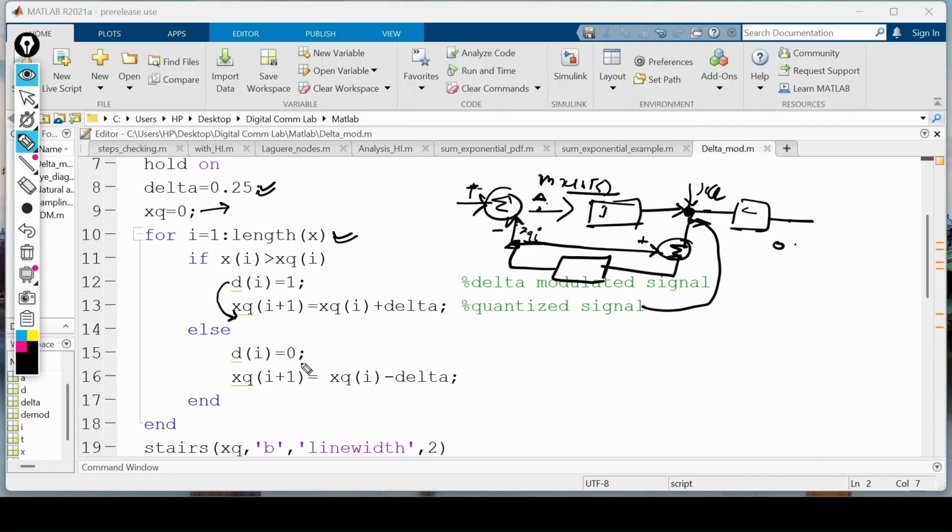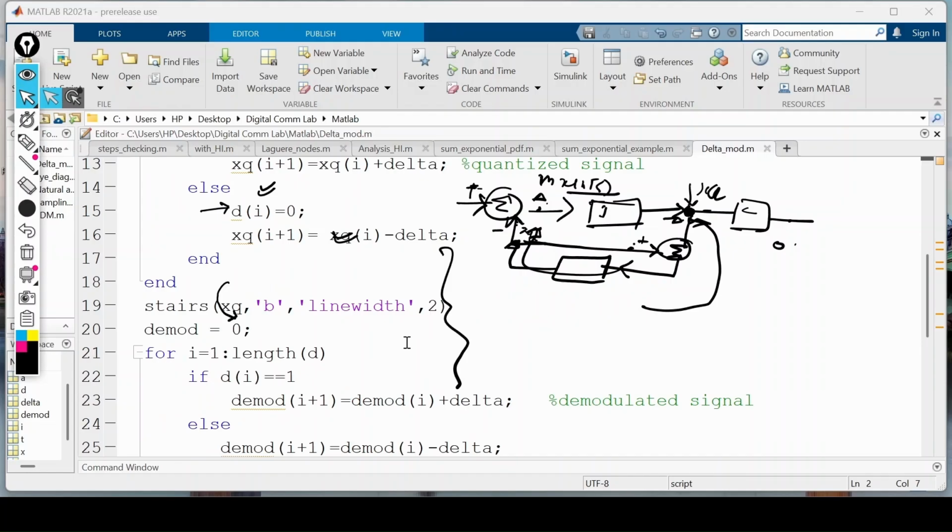I have already explained this theory. And xq(i+1) equals xq(i) minus delta. That means if this is minus delta, so xq(i) minus delta will propagate here and give you xq(i+1), the next sample. So this is the simple code of the delta modulator part.